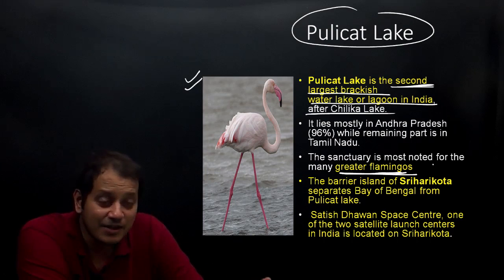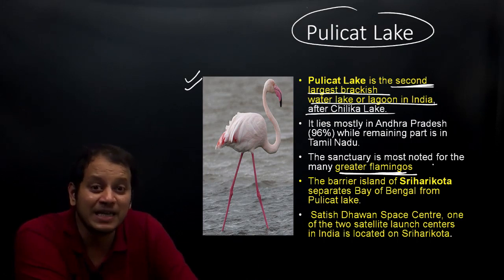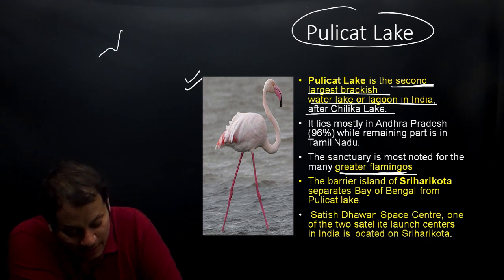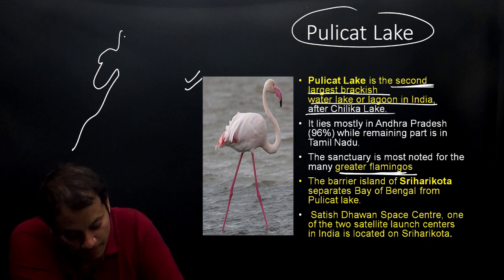Chilika Lake or Utkal Plains, if you remember, Wheeler Island, then the Pulicat Lake, there is an island. If this is the Pulicat Lake, this is the mainland India, the shaded part.